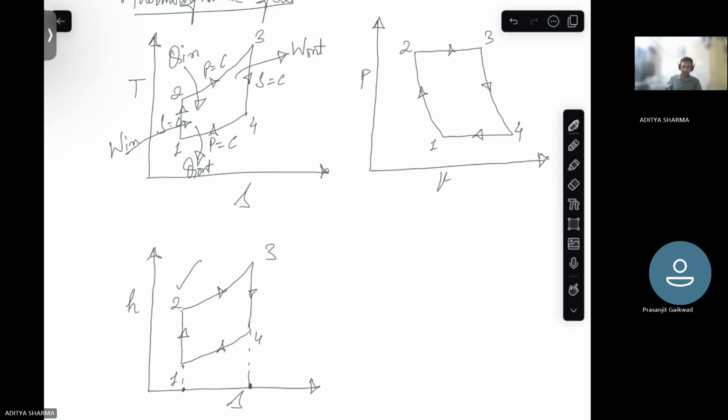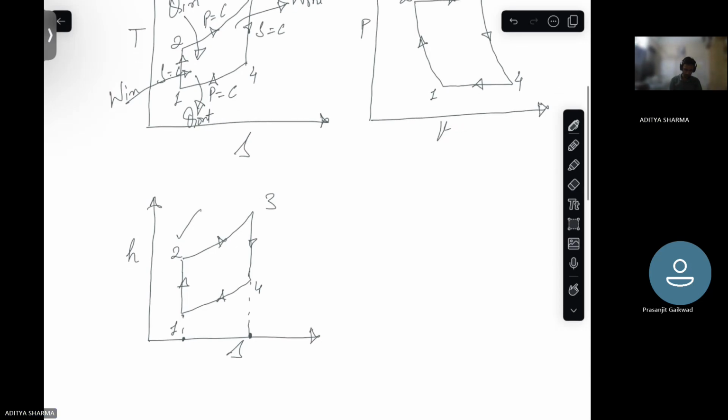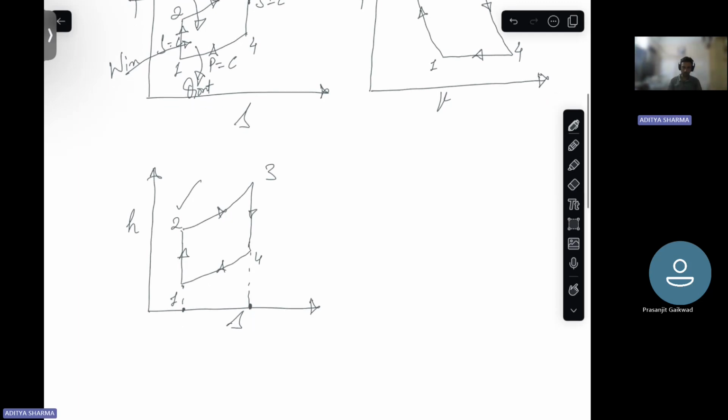Okay. Then at 2 to 3, combustion takes place. Okay, so 2 to 3 is your combustion chamber, and 4 to 1 is where the heat comes out, heat rejection. Okay.